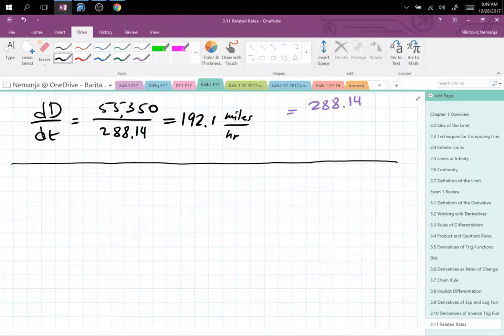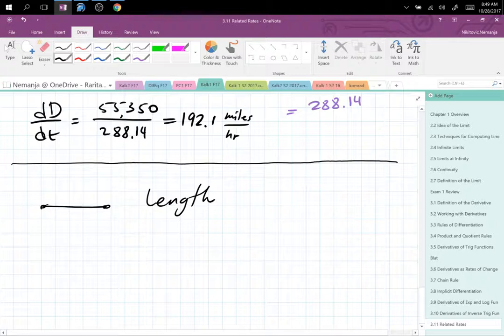So let's talk about all of this mathematics in general. You have length, which is one-dimensional. Then you have area, which is two-dimensional.